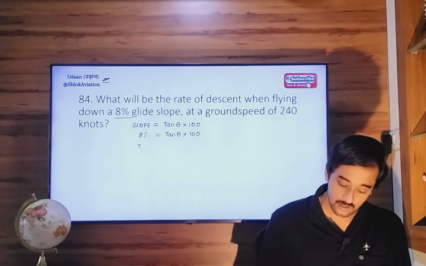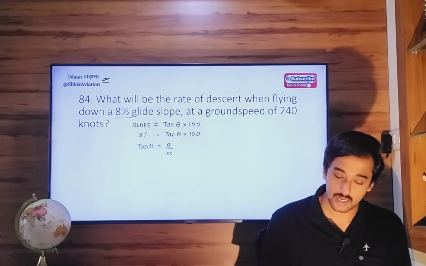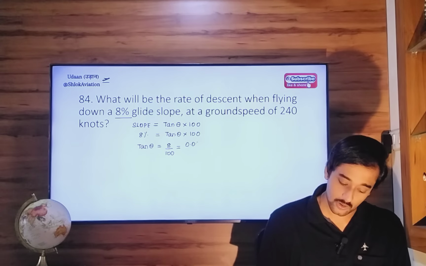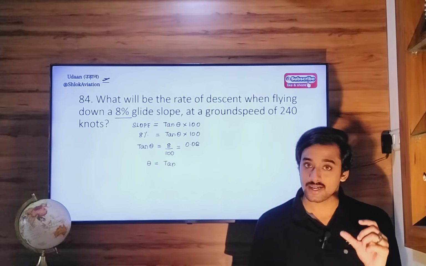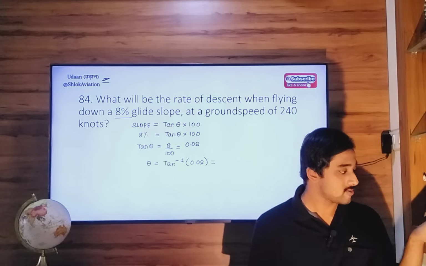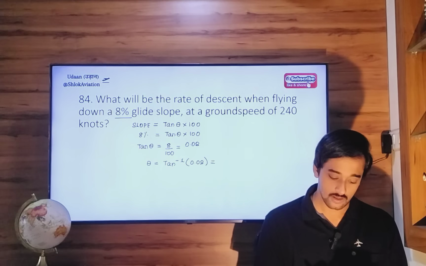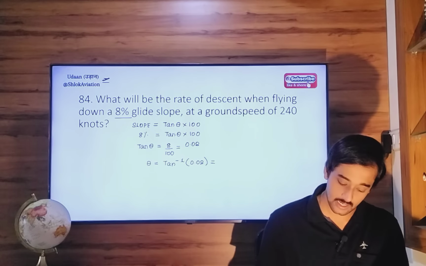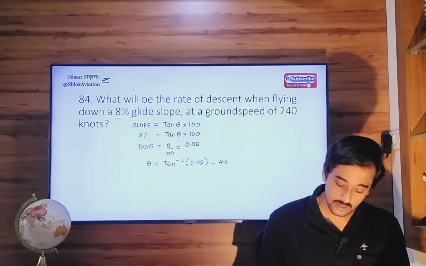So tan theta will be equal to 8 divided by 100, that is 0.08. So theta, which is nothing but your glide slope angle, is tan inverse 0.08, which is 4.5 degrees.